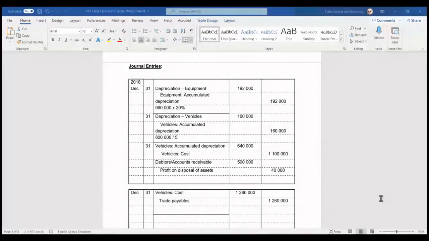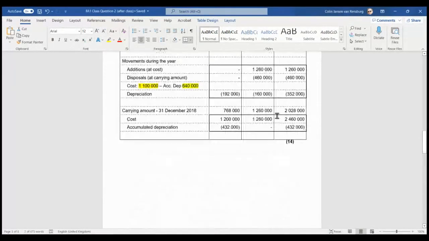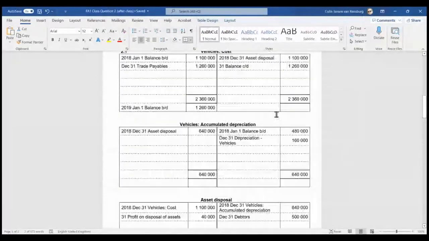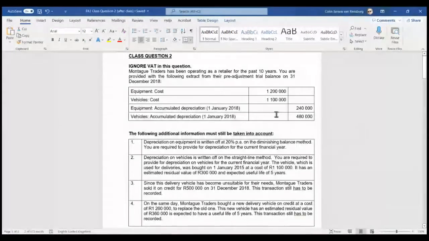Oh, wait, let me just go and check that. So it was 640,000 at the beginning of the year plus 160,000 now at the end of the year. No, let me go back to the question. Let me just go all the way up again, ladies and gentlemen. I don't think I've got the right figure in my head here.